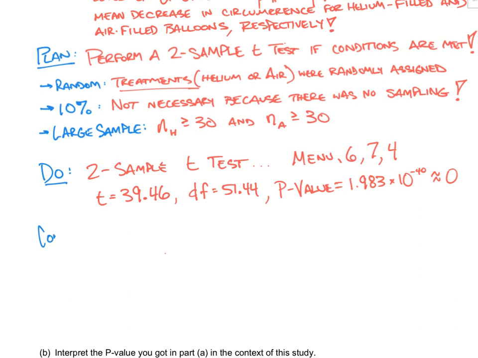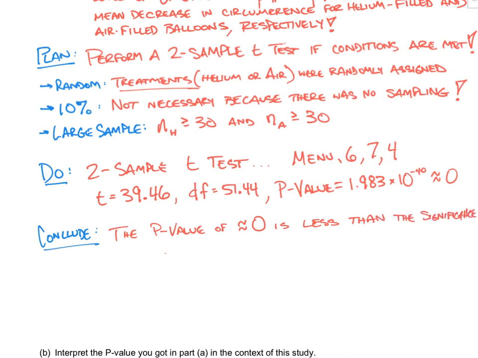It's time to make our conclusion. And our conclusion is based on the p-value. The p-value of about 0 is way less than our significance level. So we reject the null.